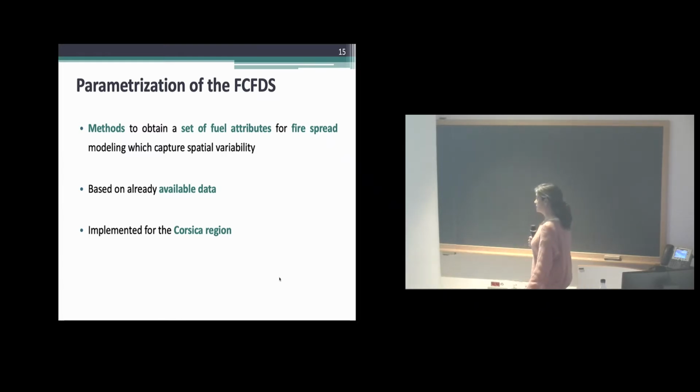As I said, the core of this work was to develop the methods to obtain the values of this set of field attributes based on already available data, and it was implemented for the Corsica region because this is the test region of all the tools developed in the framework of this project.